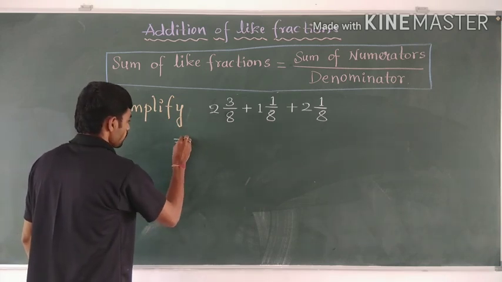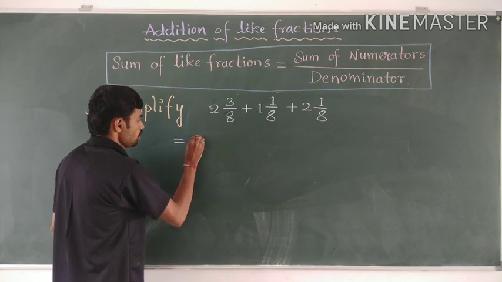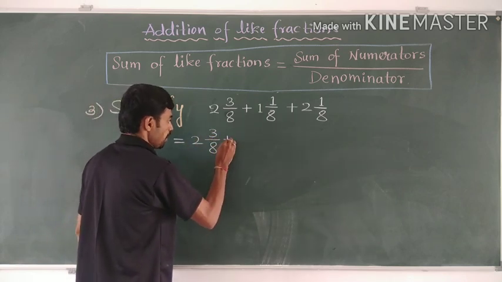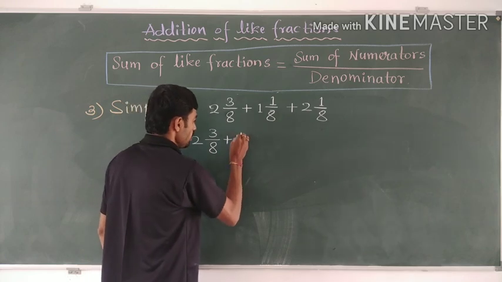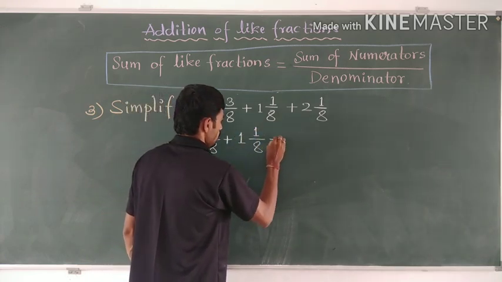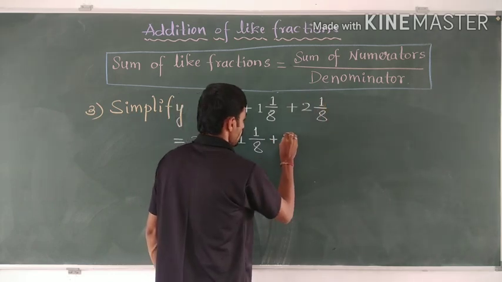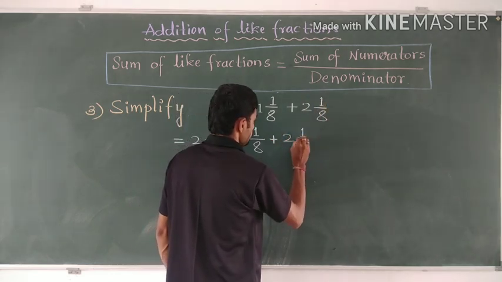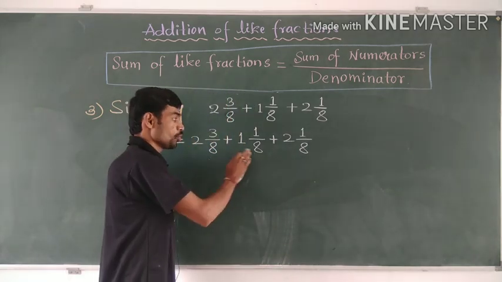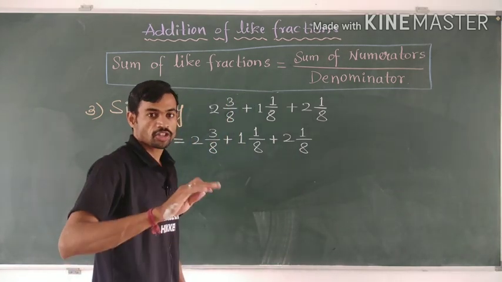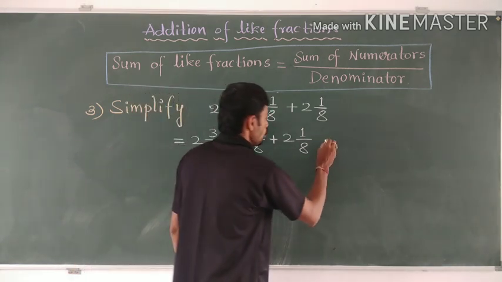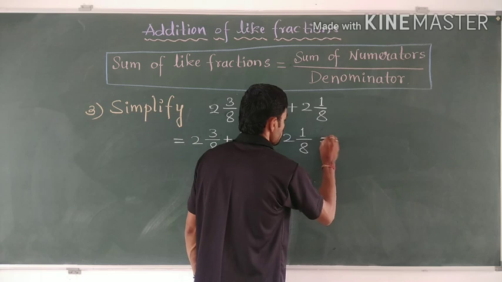Okay. First, the given fractions are 2 integer 3 by 8 plus 1 integer 1 by 8 plus 2 integer 1 by 8. How to convert these mixed fractions into improper fractions, you already know.